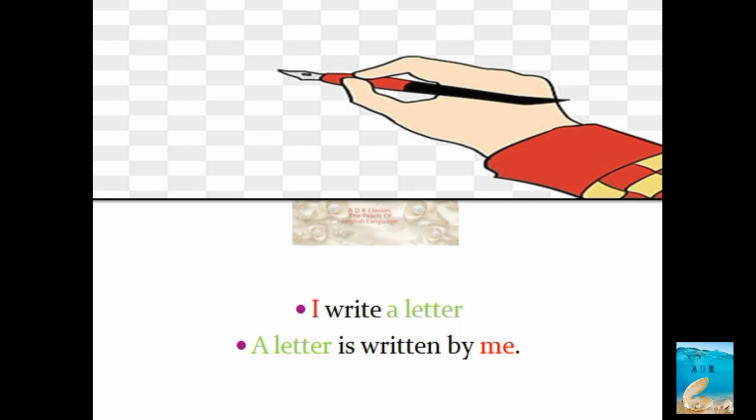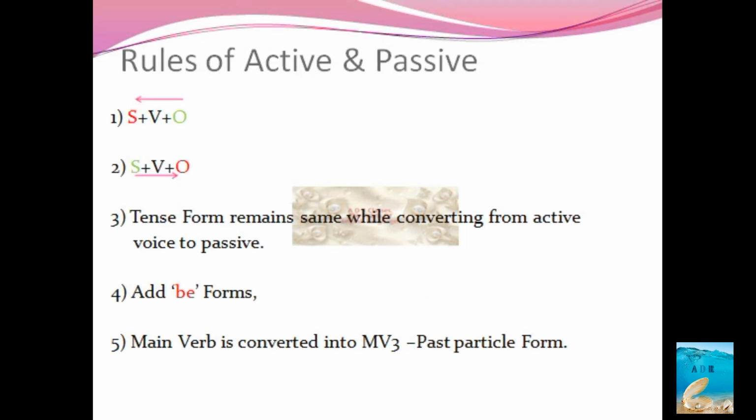We'll take those examples in future, but for now let us take this example. The first rule is that the subject goes to the object place and the object comes to the subject place. The second rule is that the tense form remains the same. If the active voice is in present tense, the passive will also be in present tense only.